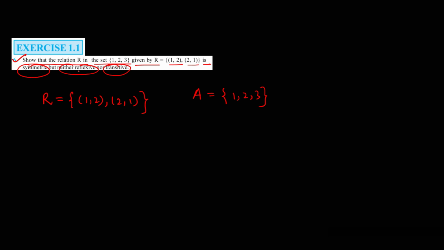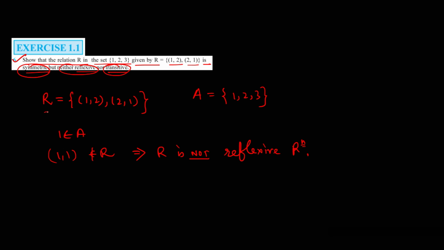So we have to show that it is not reflexive or transitive but symmetric. You can clearly see that 1 belongs to set A but (1, 1) does not belong to R. So that implies that R is not a reflexive relation.